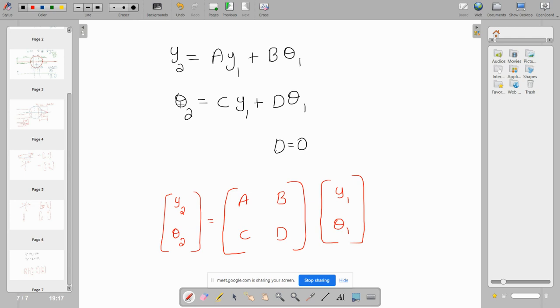Got it? If D is equal to 0, whatever the angle of the incident ray, the angle of emergence will always be the same for a particular height. Got it? Any doubt? No, sir. Okay.